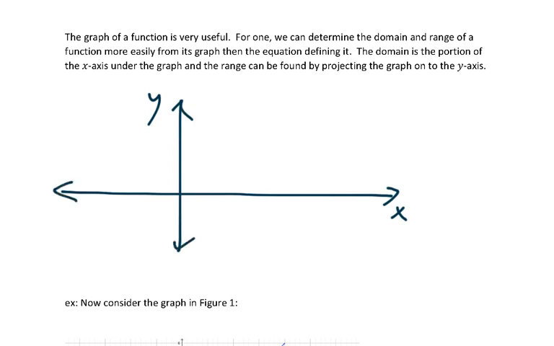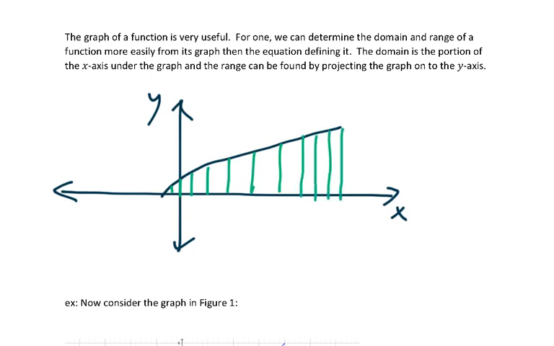So let's say you had something like this. Now, what would the domain be? Well, that's the portion of the x-axis that's either above or below, in this case below, the graph. So it would be everything here. That's what the domain is.